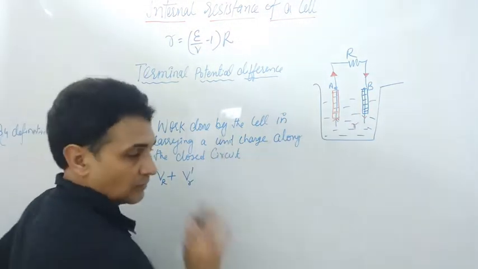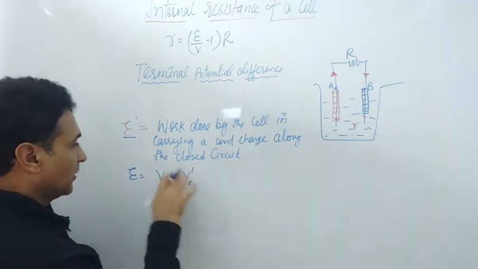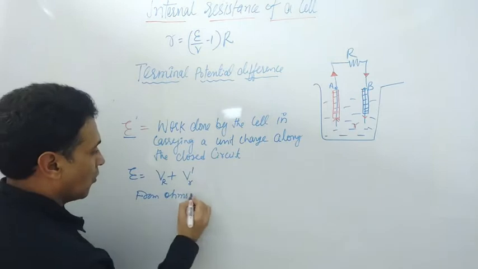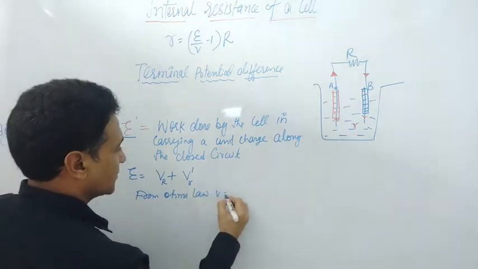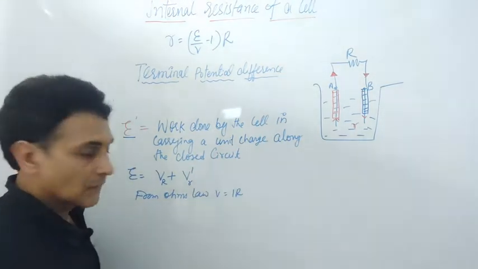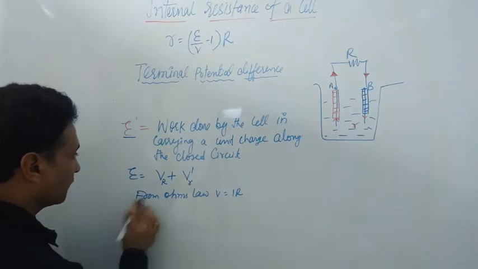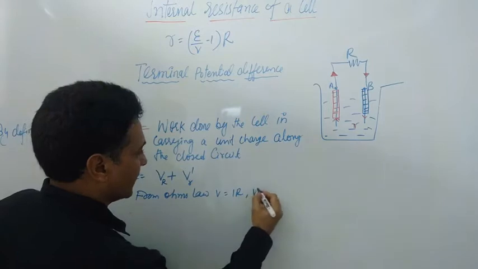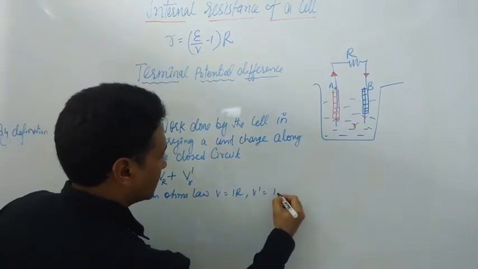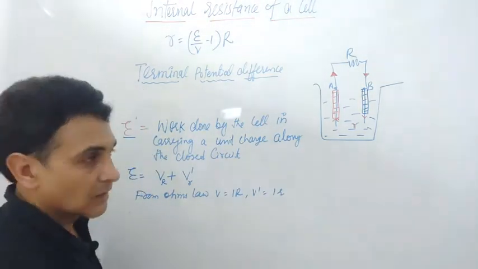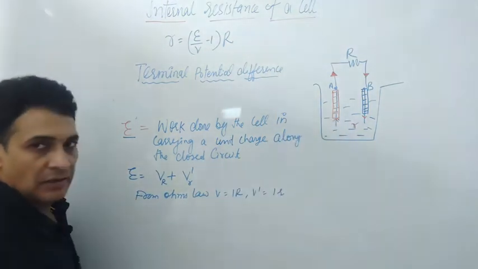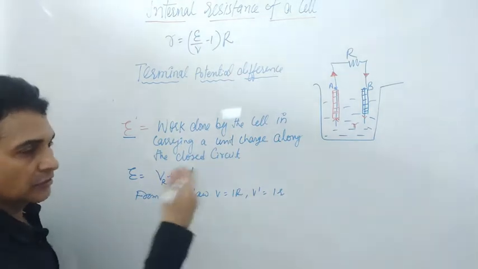जो आपका इलेक्ट्रोलाइट है उसका जो रेजिस्टेंस है, that is now from Ohm's law we can write V is equal to IR. Then we will substitute the value of this, and also we can write here V dash, and V dash is equal to I small r, current into resistance across this electrolyte या electrolytic solution.